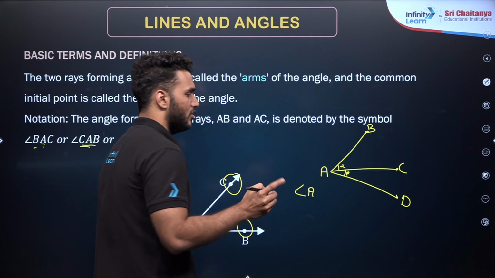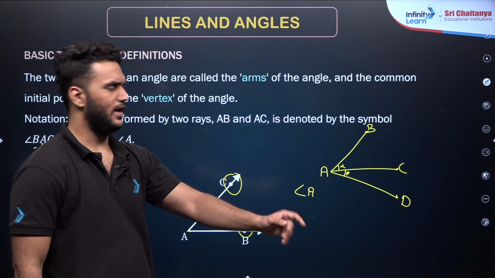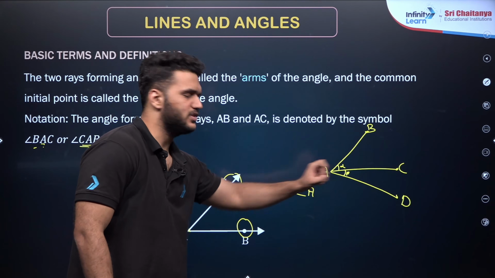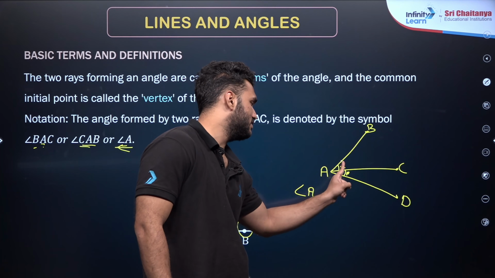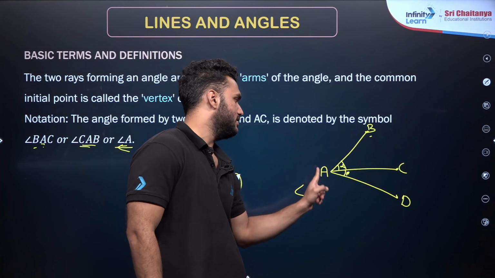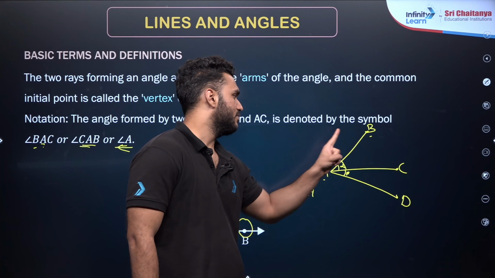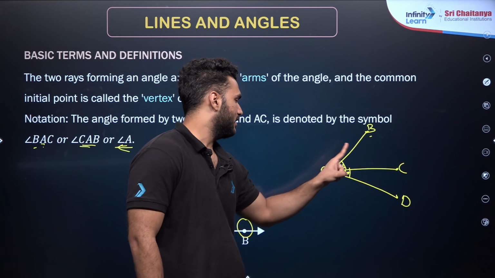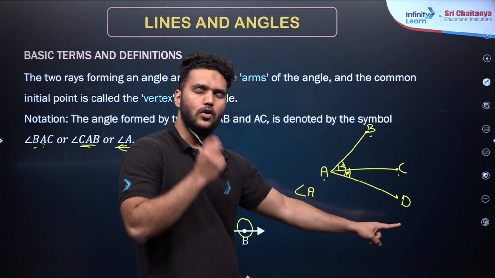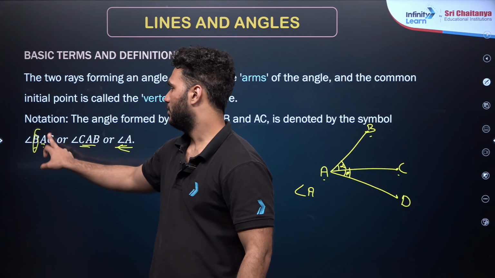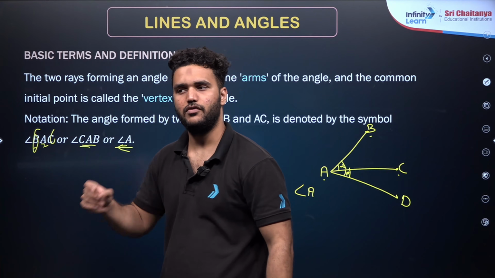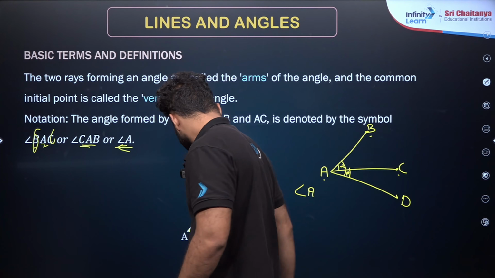So angle A does not represent angle alpha or beta. Angle A represents angle alpha plus beta. If I have to represent only this part, then I have to write BAC. If I have to represent only this part, then I have to write CAD or DAC. You can interchange these two, but you can't change the position of the vertex. Is it clear?